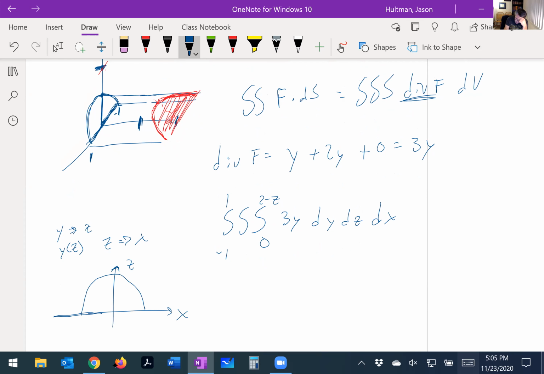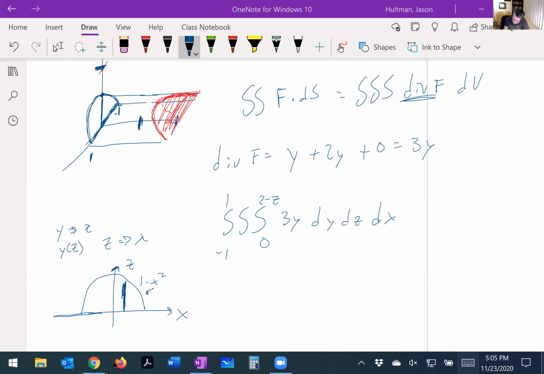In terms of x and z, right? This is 1 minus x squared. That's that guy. So this thing goes from 0 to 1 minus x squared. And y goes out further. Yeah, makes sense.